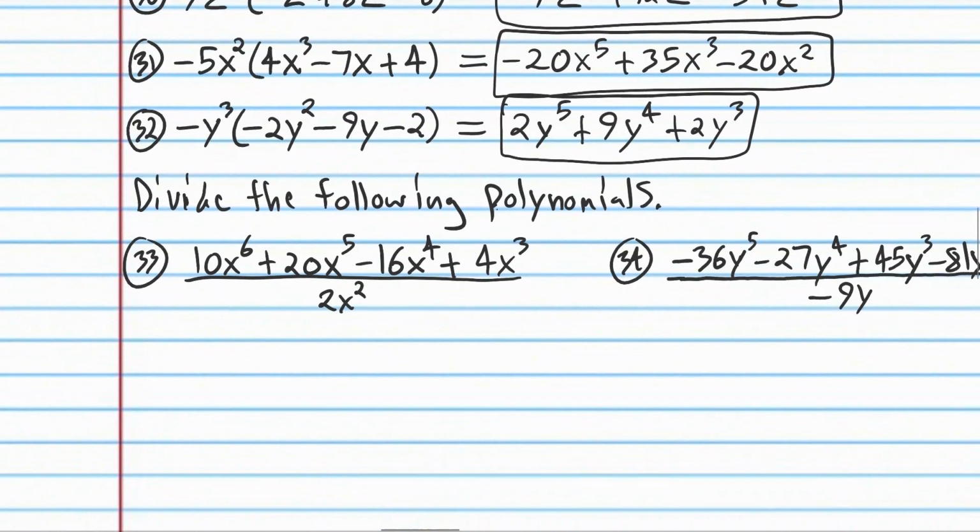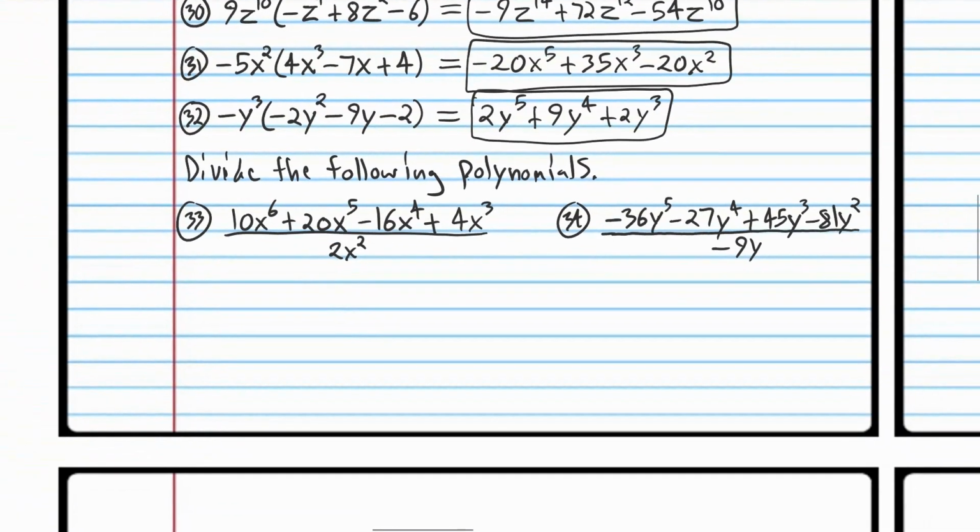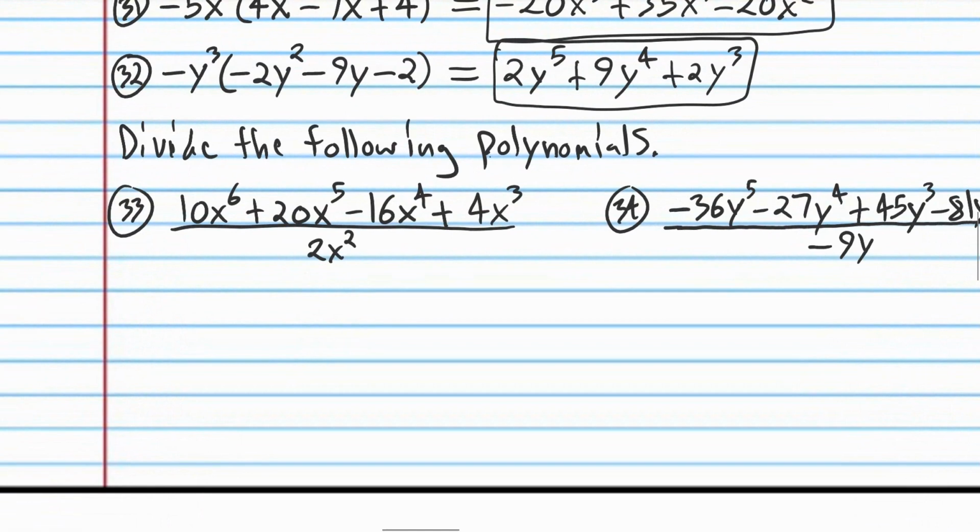All right, so we're going to do one last thing today. We're going to divide a polynomial with a monomial. So again, when we're multiplying and dividing today, we're only multiplying polynomials and dividing polynomials by monomials.